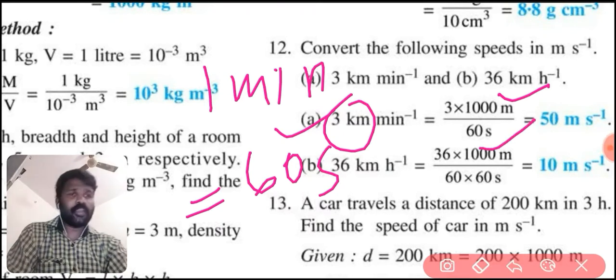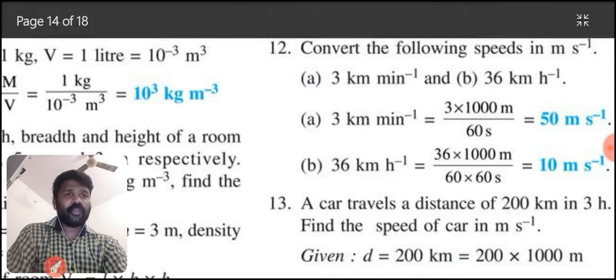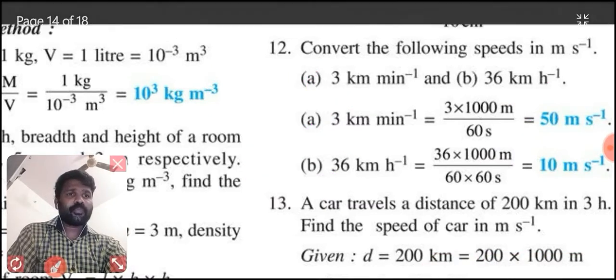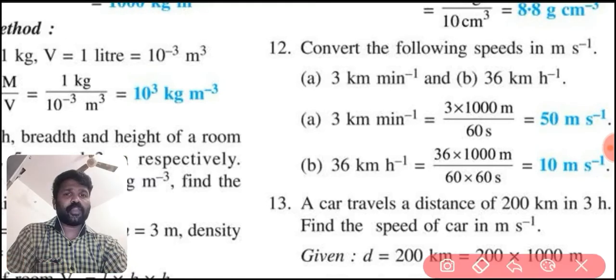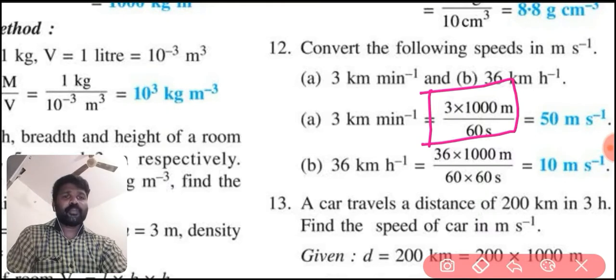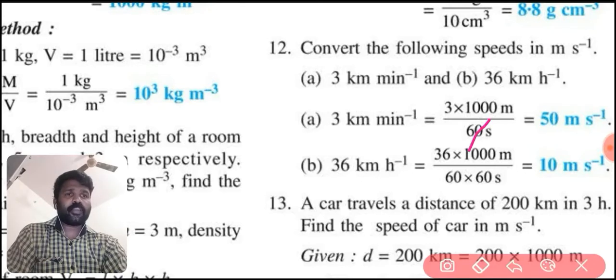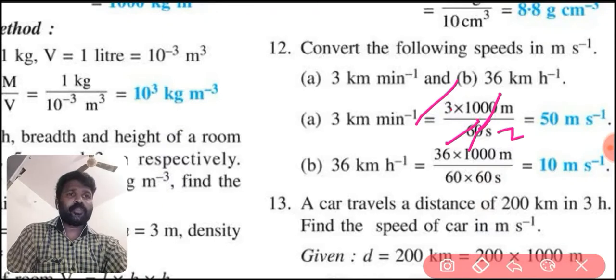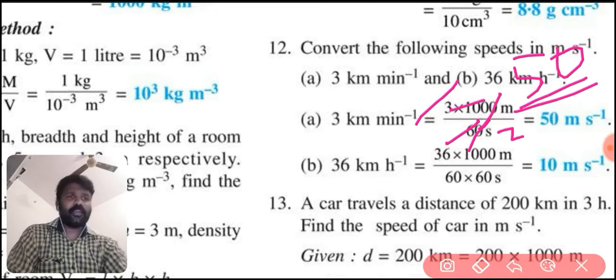Then finally, we are getting the value 3 into 1000 meter divided by 60 seconds. Clear? So by cancelling the zeros, 3 2s are 6, then 2 5s are 50. We are getting 50 meter per second as the answer.